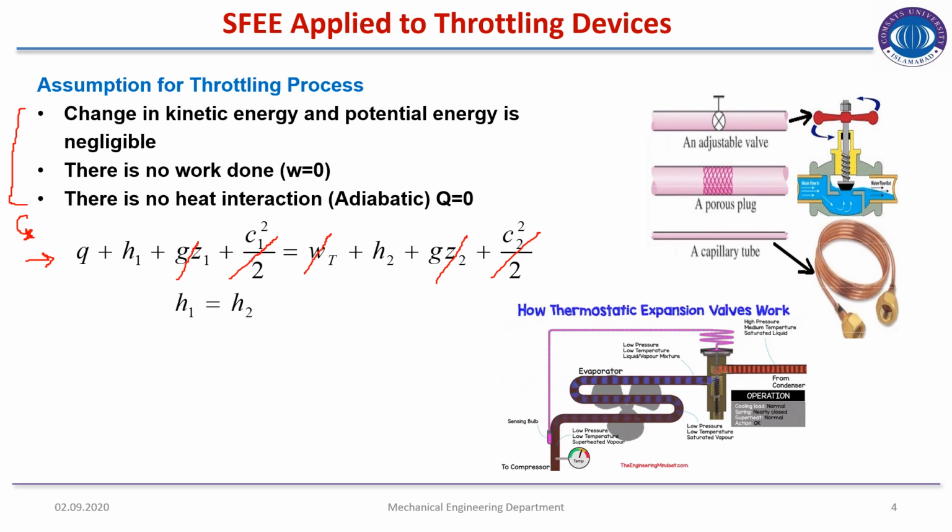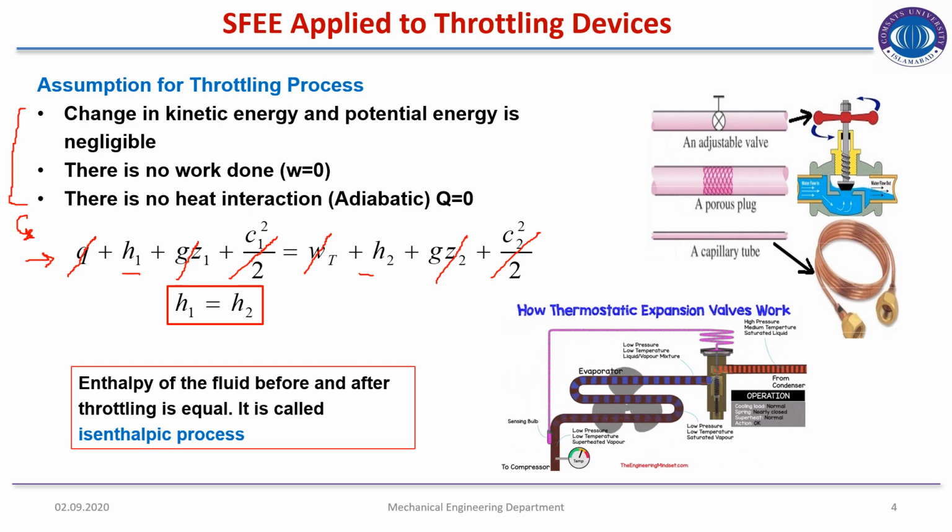For an adiabatic process with no heat interaction, the Q term will cancel out. So h1 and h2 terms are left. Therefore h1 is equal to h2. The note is that the enthalpy of the fluid before and after throttling is equal. As the throttling process is a constant enthalpy process, it is known as an isenthalpic process.